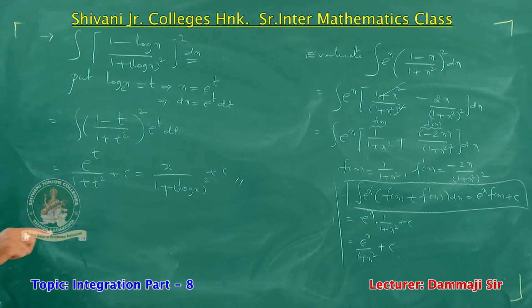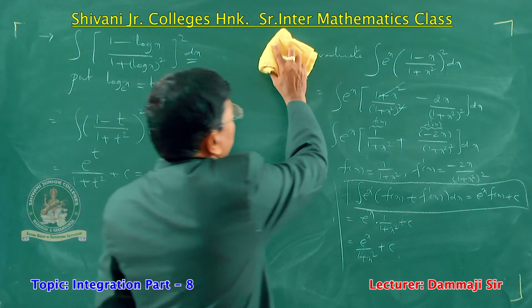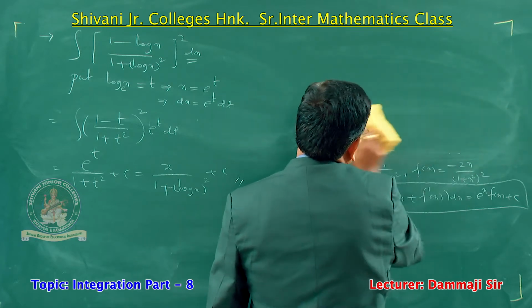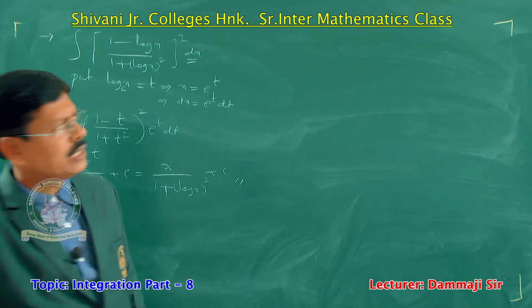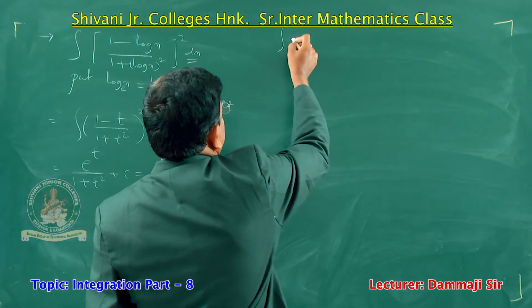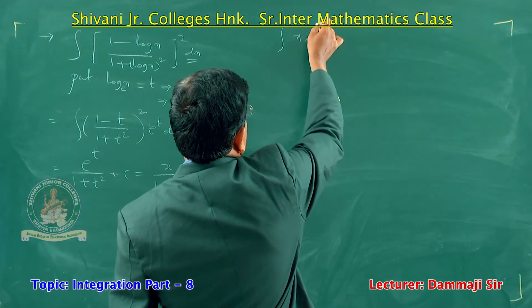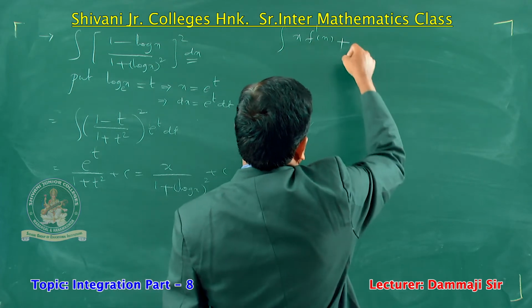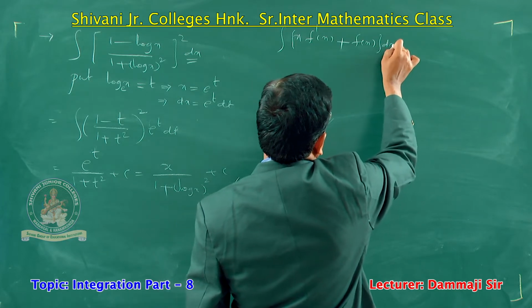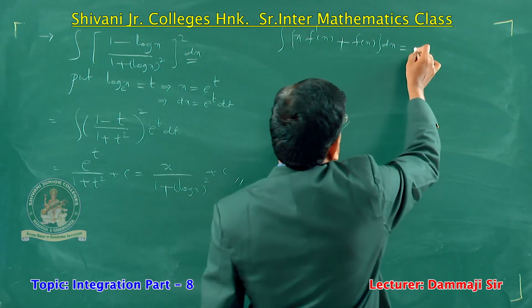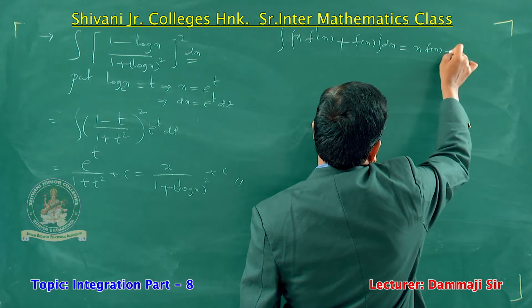So these three problems belong to integration by cancellation. One more type of formula is there. Just keep in mind: the integral of x f dash of x plus f of x dx is nothing but x f of x plus c.